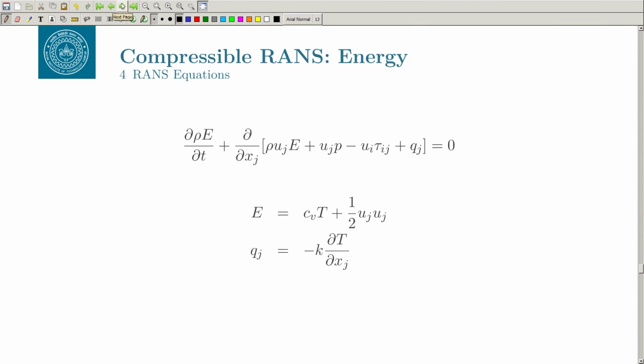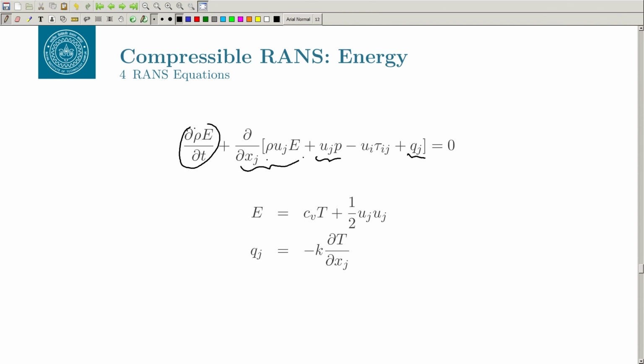Look at the energy equation, and as you would expect, it becomes more complicated, because in this we not only have the pressure work, which is the interaction between the pressure and the velocity, but we also have this thermal conductivity term, the thermal work, rho u j e, and of course, the change in the energy with time.